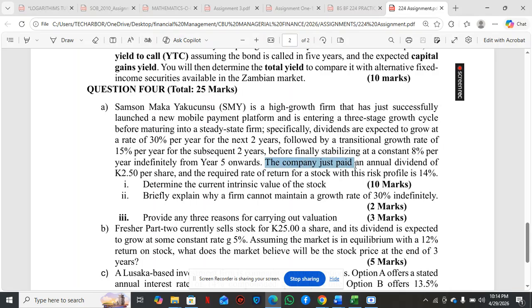The company has just paid an annual dividend of 2 kwacha 15 ngwe per share, and the required rate of return for the stock with this risk profile is 14%.